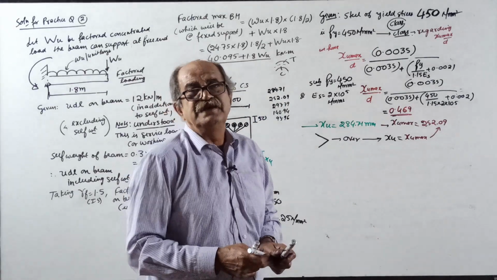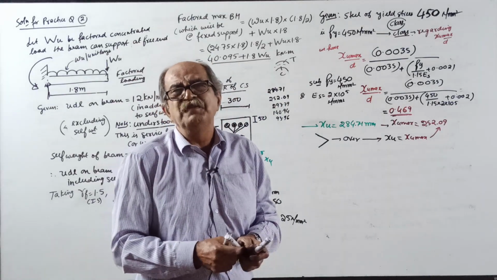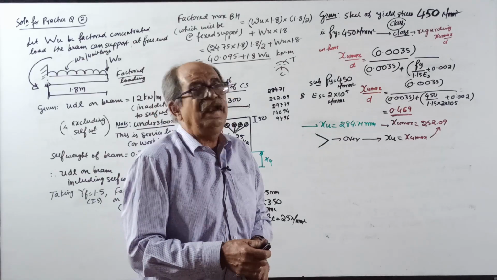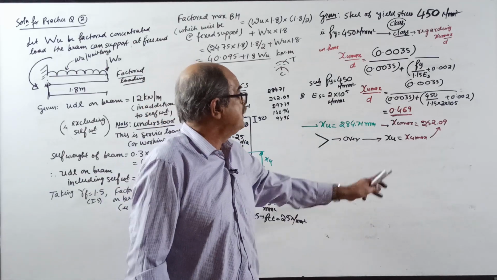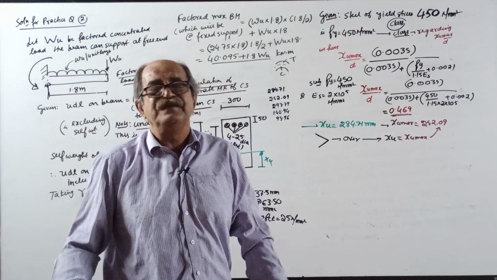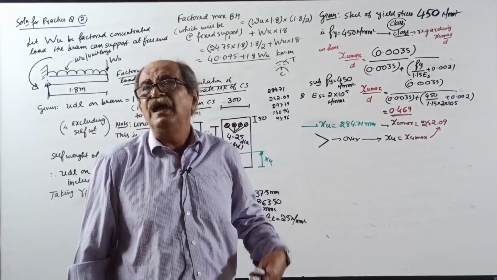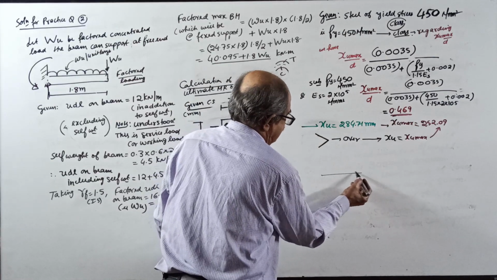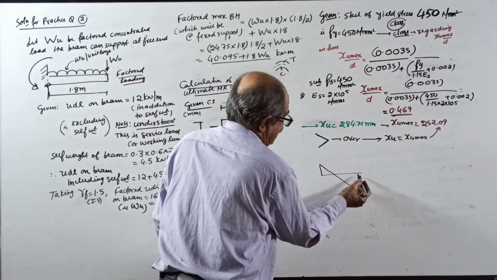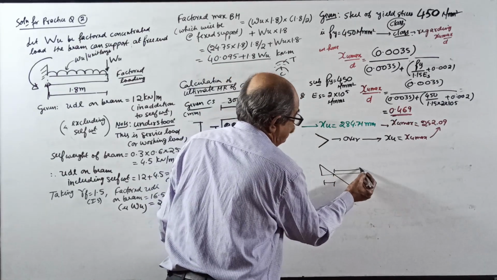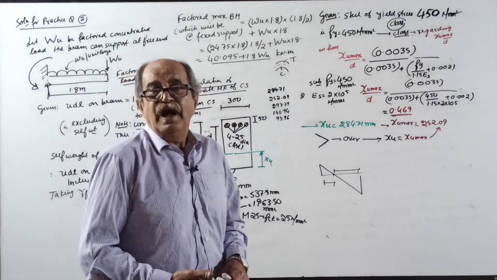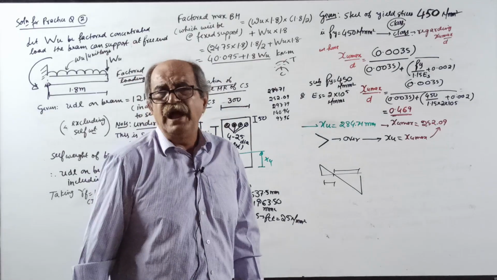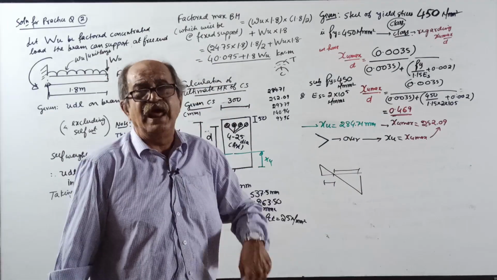If someone will tell, sir, not clear, don't see my classes. If you cannot see the previous classes, directly come to a particular class and tell not clear, I am helpless. Recently in SFD BMD, one comment came. There was a diagram like this. I wrote this value without calculating. Comment came, sir, can you please explain these two values? If he's in front of me, I will tell.